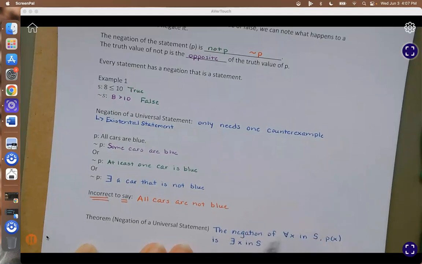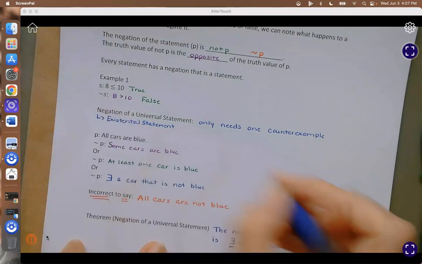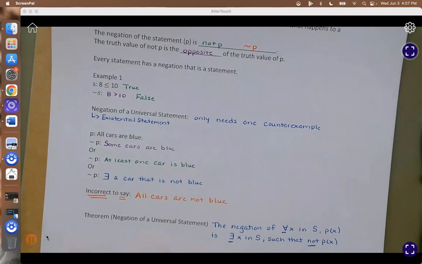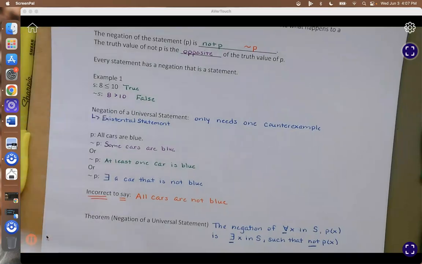So notice that we changed "for all" to "there exists." Remember, we have "such that" not this. So you put in "there exists" and "not." You have "for all," and it changes to "there exists" and "not." All right, so we're going to do some examples with this.